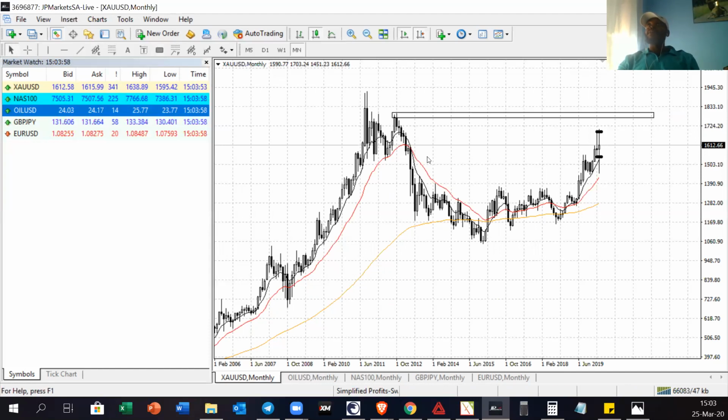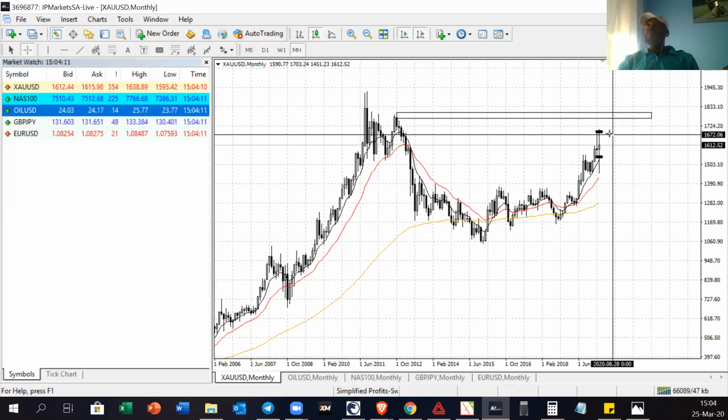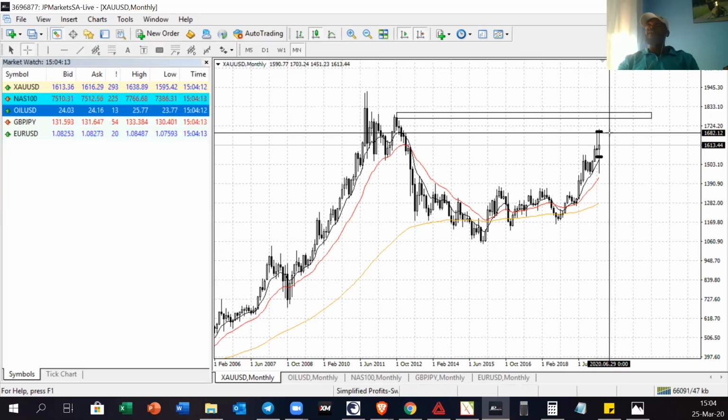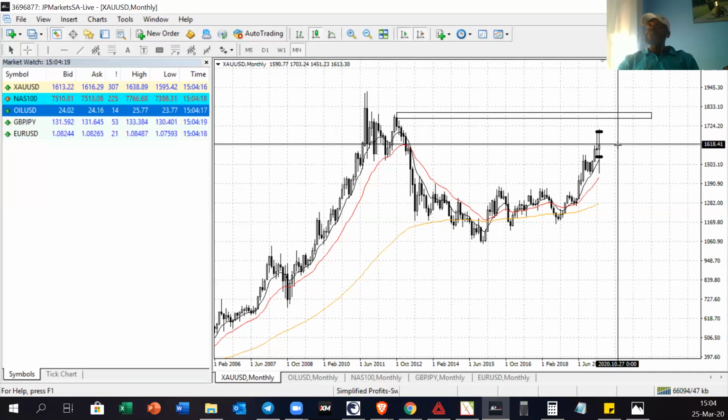This would be my next level of resistance, and this is where I'd see price trading to if it were to break this high again. So if it were to break this high, I would expect it to go to 1,800.